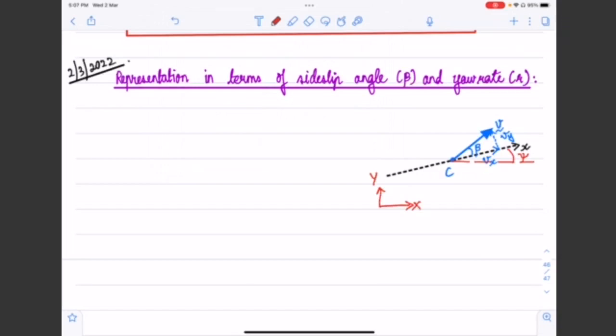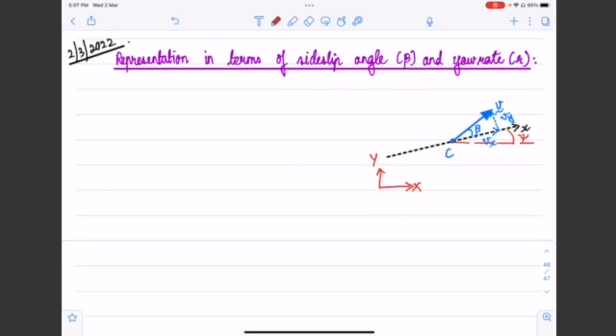If you consider a global inertial frame of reference, capital X, capital Y, the angle made by the longitudinal axis of the vehicle with respect to the capital X axis is the yaw angle. Beta is the side slip angle.